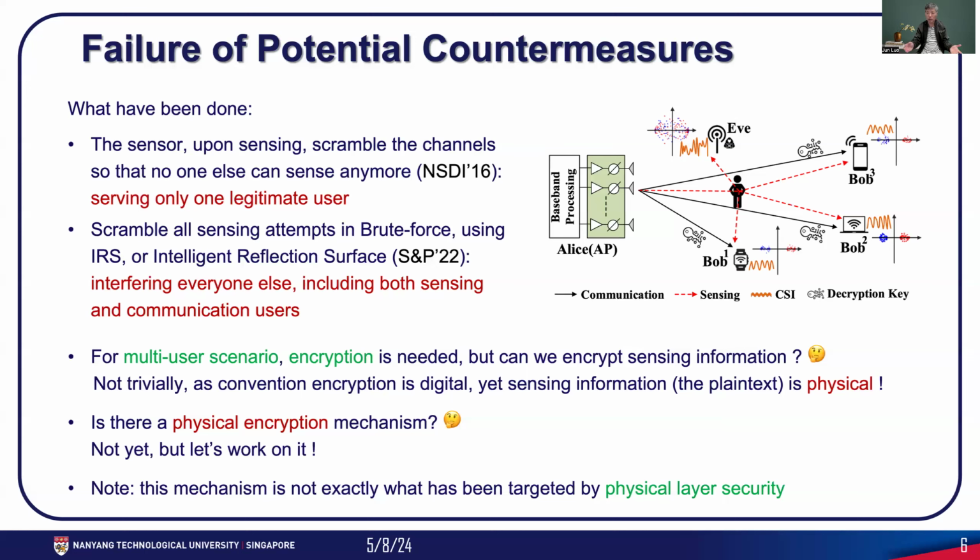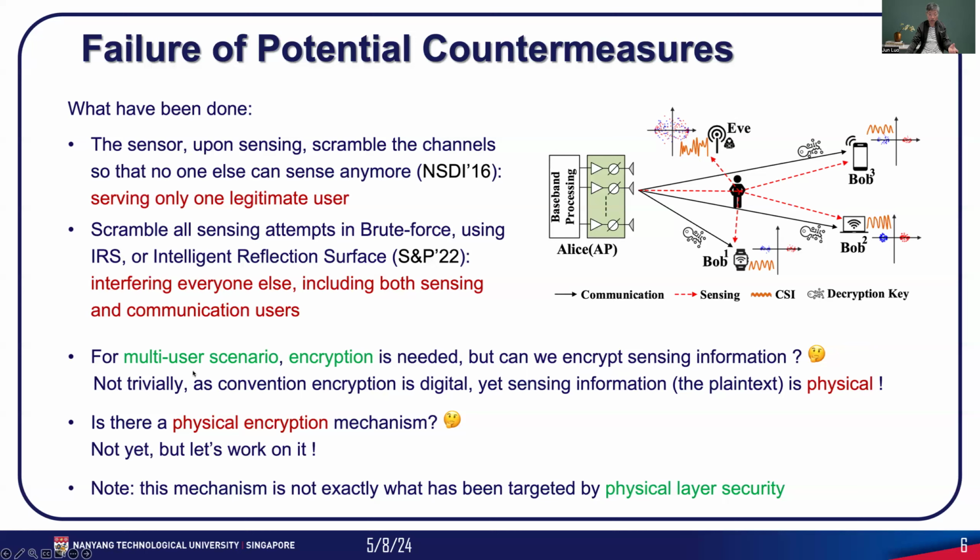So this is not really what we want, right? What we want is a full-fledged defensive mechanism that, on one side, thwarts the attackers, while on the other side, still preserves the performance of legitimate users, including both communication and sensing users.